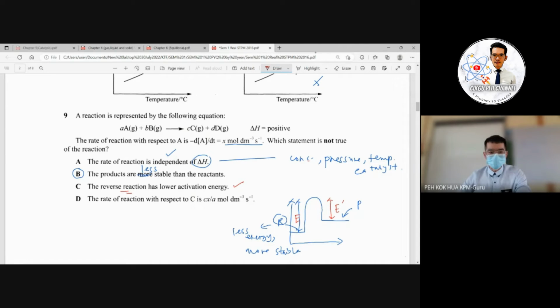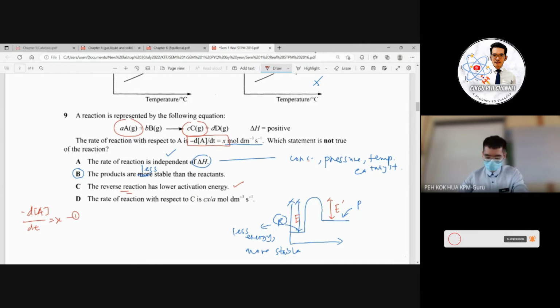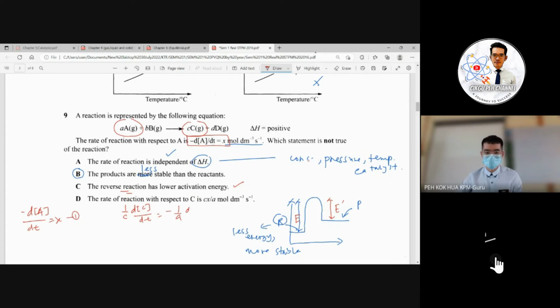Okay, so for statement D, firstly we get this one, minus dA over dt, we get X. And then for C and A, 1 over C will be equal to minus 1 over A dA over dt, right?